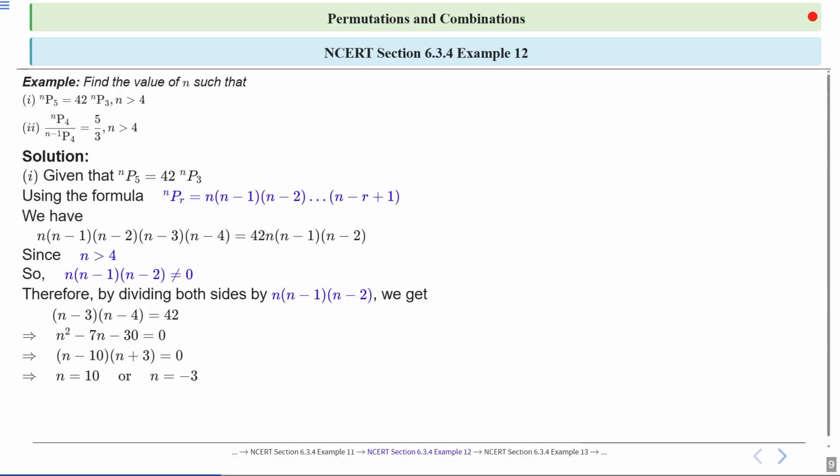So here n is equal to minus 3 is invalid. Here we will take the value of n is 10. So as n is equal to 10 is the only valid value, the final answer is n is equal to 10. I hope this part is clear to all of you.